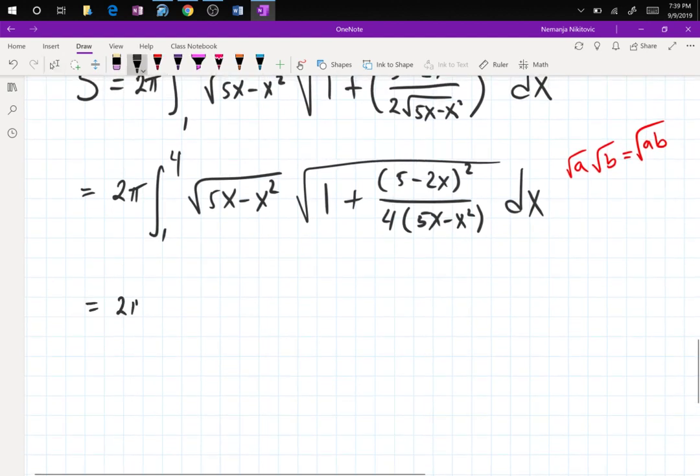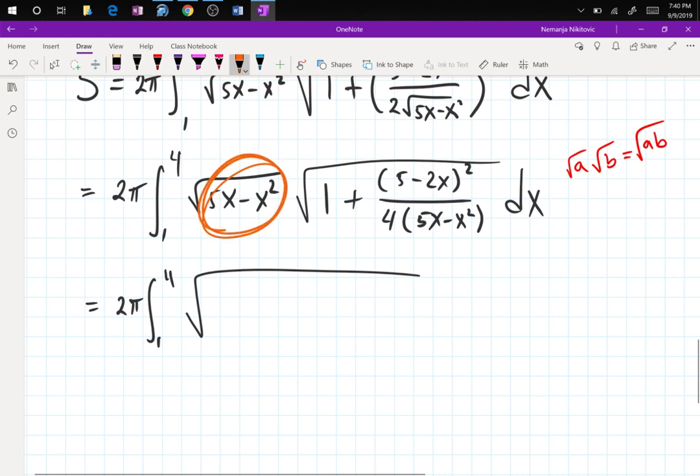So I have 2 pi integral 1 to 4, and now I have one big square root. When I multiply 5x minus x squared, keep this, guys, in your head as a unit. This is like 1 unit. Multiplying 1, and then multiplying the second messy term. So when I multiply this into 1, it just is that, right?